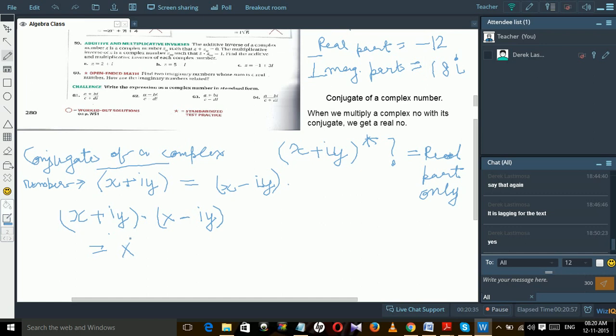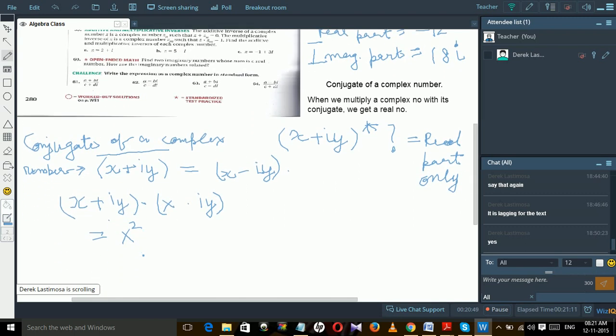That will give me... can you speak what will be the result? x square. Distribute. Yes, correct. We'll do it as such.